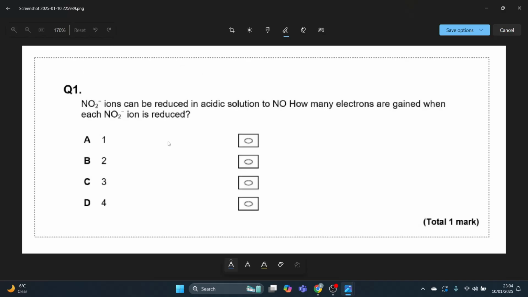Question 1: NO2 minus ions can be reduced in an acidic solution to NO. How many electrons are gained when each NO2 minus ion is reduced? NO2 minus, so nitrogen goes from +3 to NO, +2. How many electrons are gained?